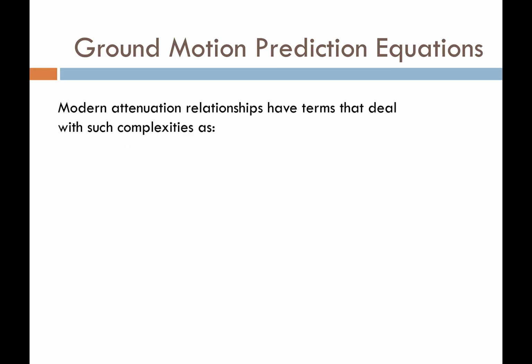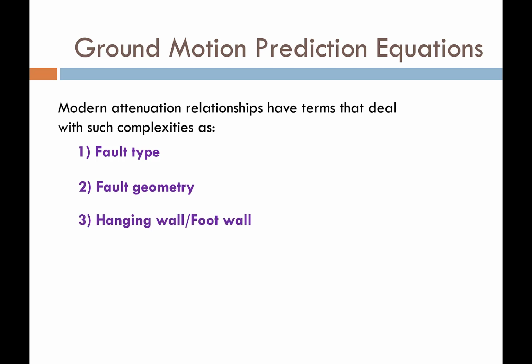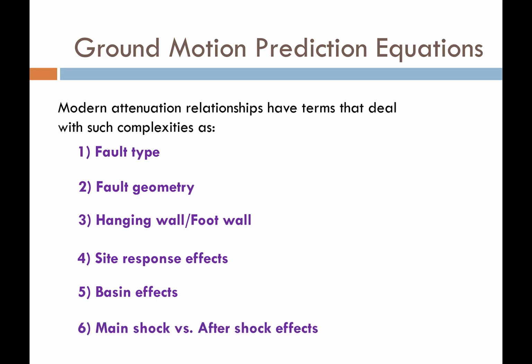So what do modern ground motion prediction equations look like? Well, rather than just magnitude and source to site distance, they look at things like the fault type, the geometry of the fault, whether it's a hanging wall or a foot wall. They account for local site effects like site response. They account for basin effects.